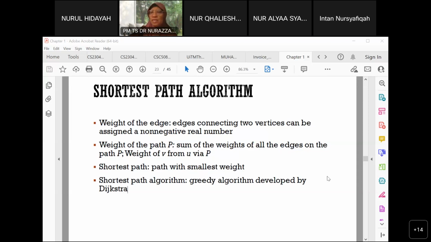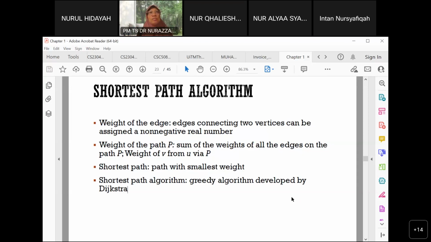So we have seen how the graph can represent the states or the cities, and the edges that connect the vertices represent the road or the route from one city to another city.